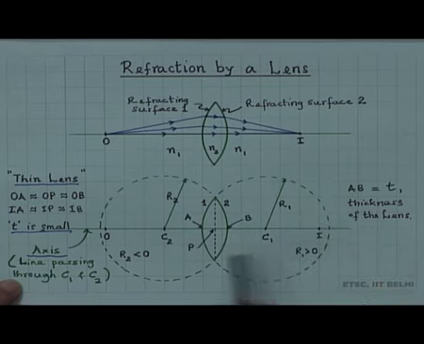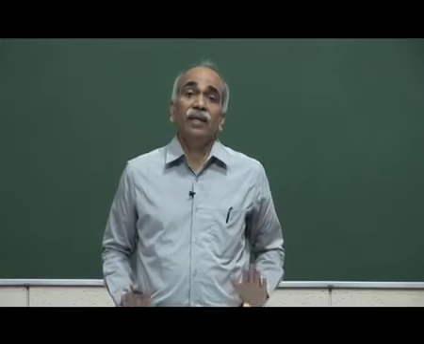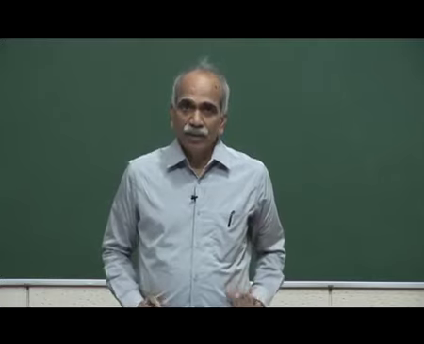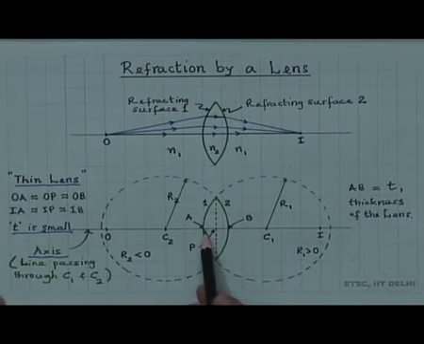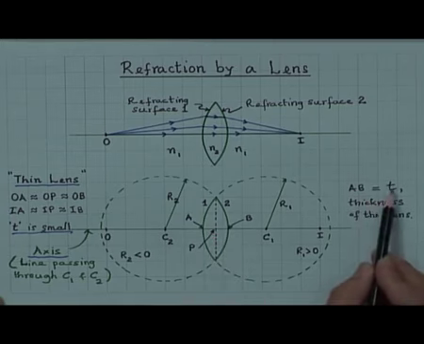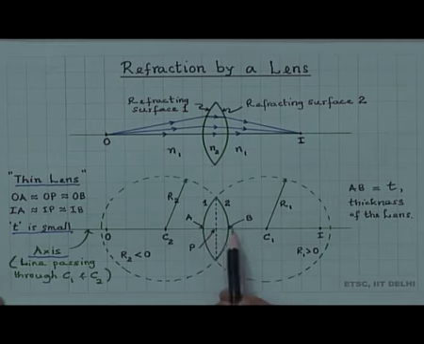So, there is the image point, the object point, and in this course we particularly look at thin lenses. Thin lenses means the separation AB here, A to B, this separation, if I call that thickness T, this thickness is very small, it is a thin lens.